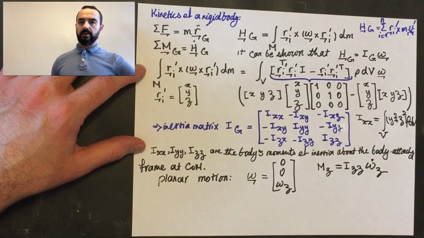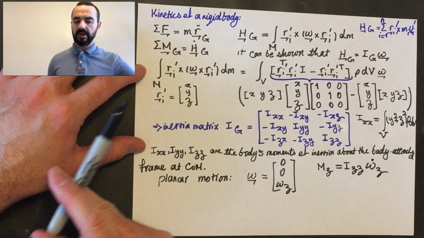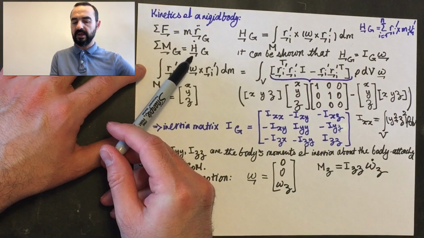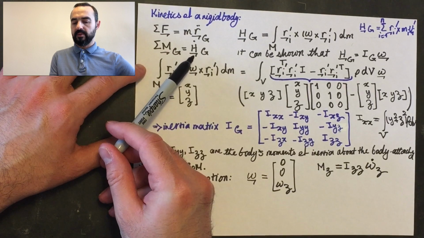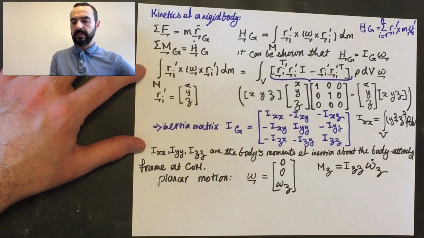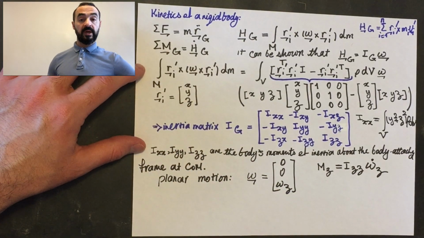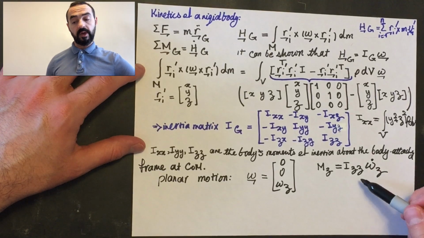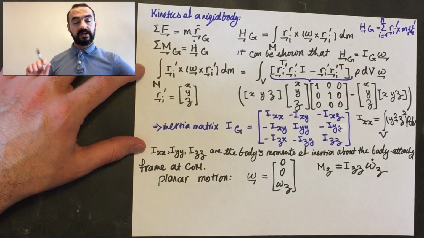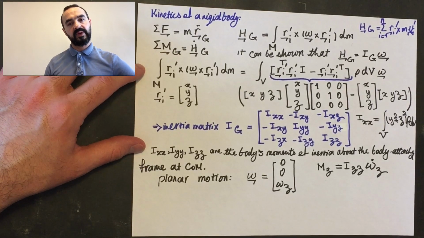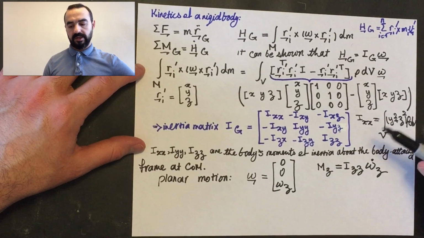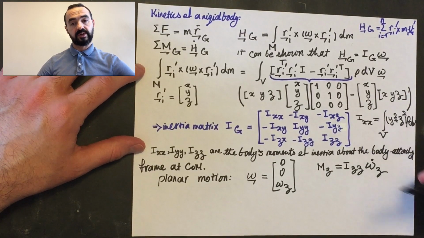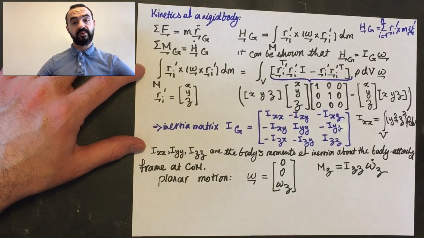Okay. So what did I do here? I simply differentiated my angular momentum with respect to time. Remember, Izz does not depend on time. It depends on geometry, on the mass distribution in our body-attached frame.